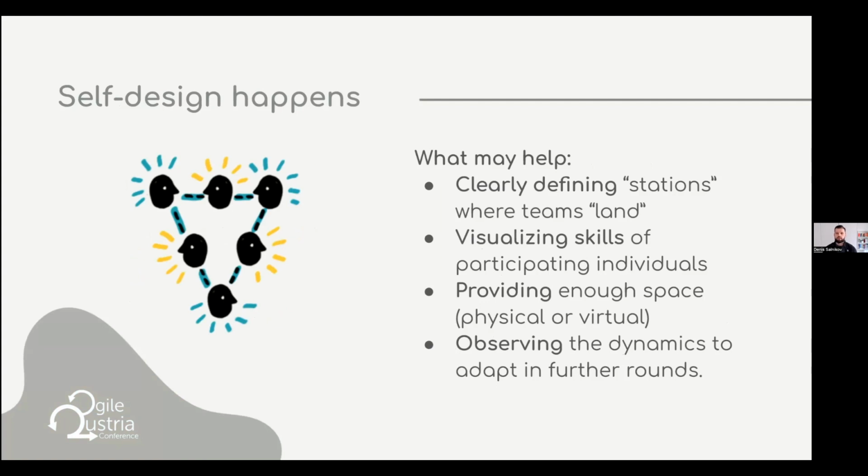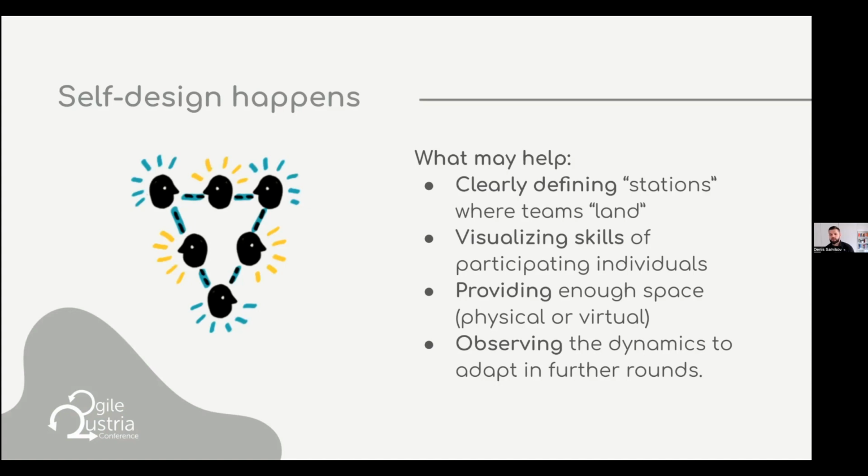And we would like to clearly establish some stations or frames where each team could land and which it could utilize for discussion. If it would be an offline setup, which in fact is much better for this kind of activity, it could be just flip charts put into different corners or different parts of a big space.